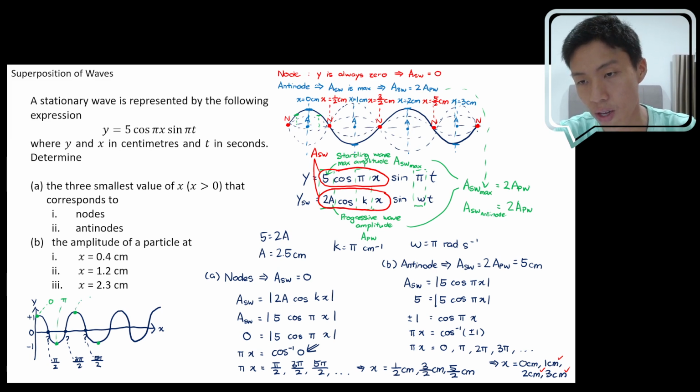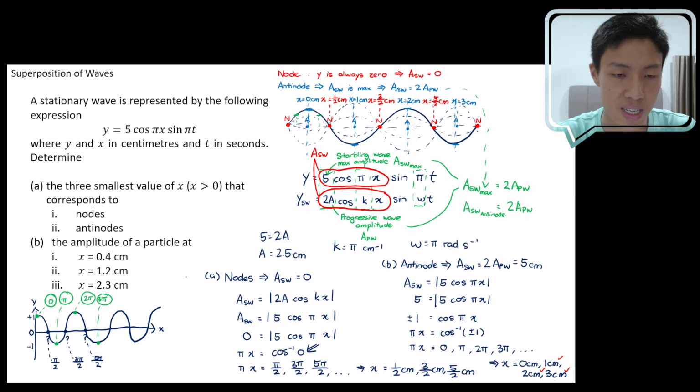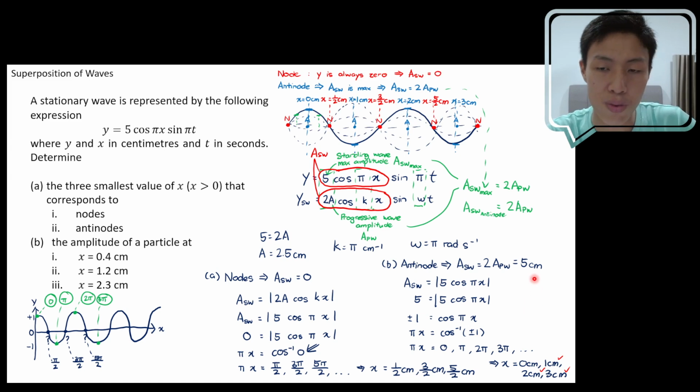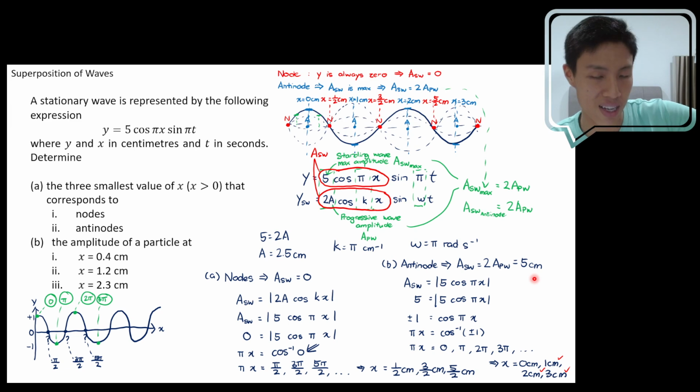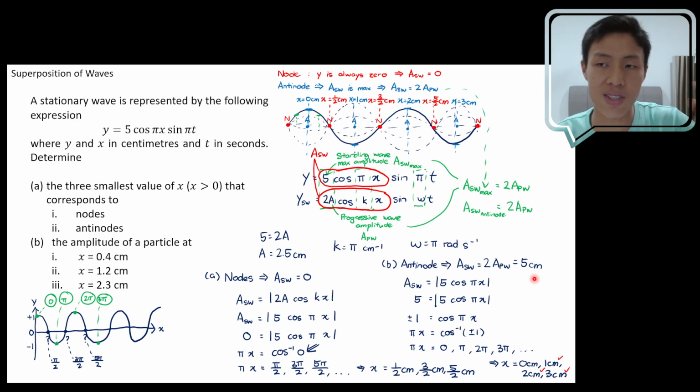You also have 2 pi. You also have 3 pi. So if you key it into the calculator, the only thing you will get is 0. But if you refer to the cosine graph, there are many other values that you can get. So this is how we determine this 0, pi, 2 pi, and 3 pi over here. So I hope you are clear. If you do inverse cosine, if they ask for 3 smallest values, you need to refer to the cosine graph to know what the other values are, not just the one that the calculator shows you. Okay, so this is question A. I'm going to move to the next video for question B.